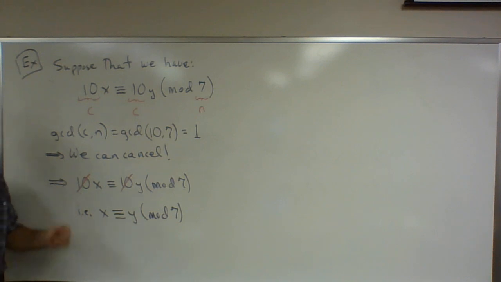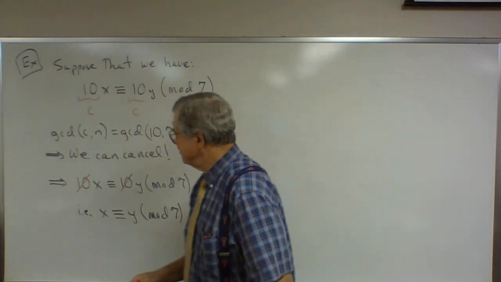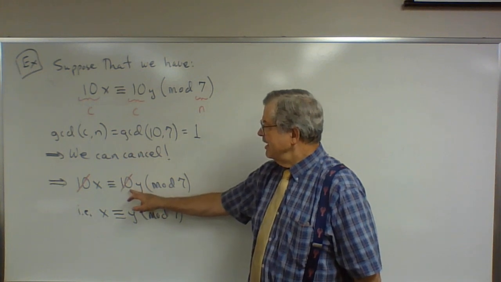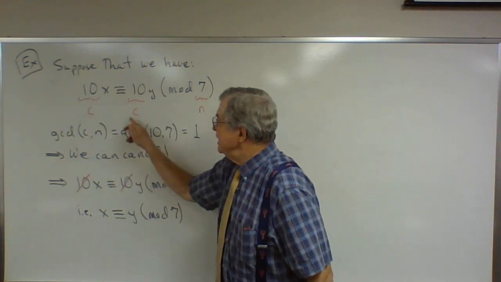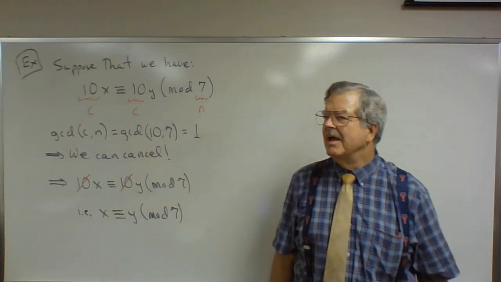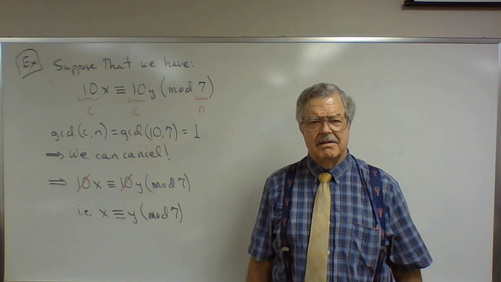Well, is it always going to be the case that we can only cancel if C and n are relatively prime? Maybe not.